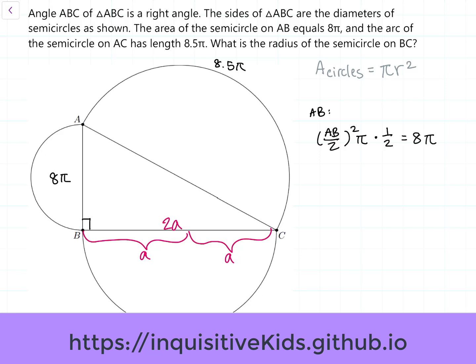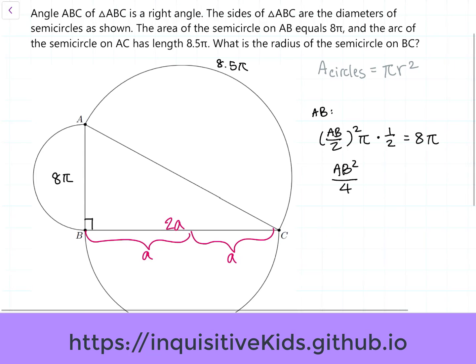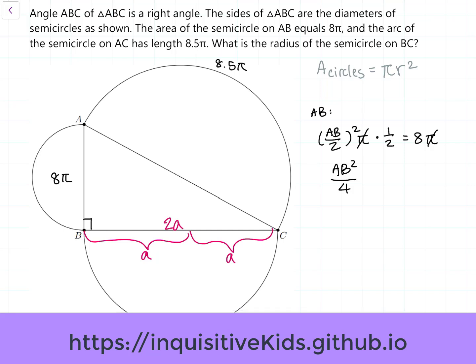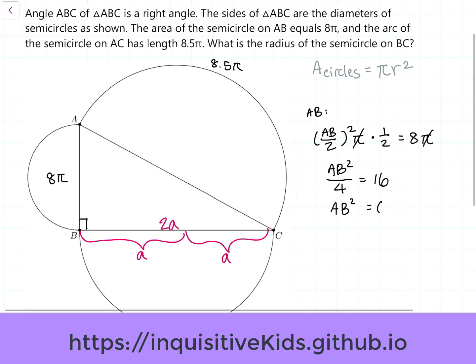Now we can solve for AB. AB squared over 4, and we can cross out pi because we can divide it from both sides, is equal to 16. AB squared is then equal to 64. That means AB is equal to 8. So we know that this is equal to 8.